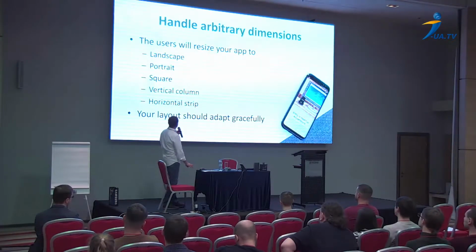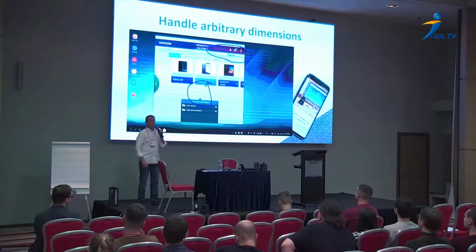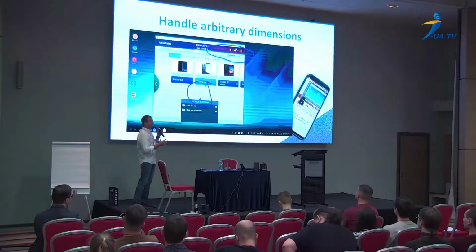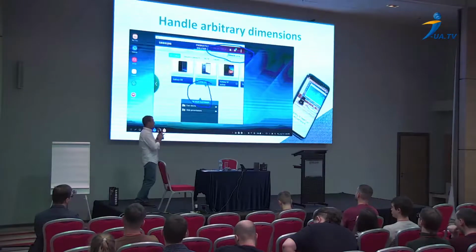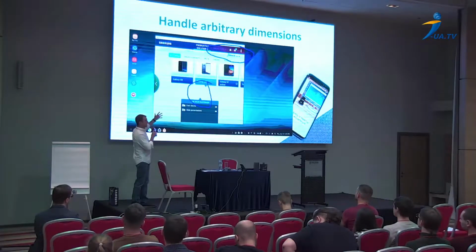Here's an example of an internal Samsung app. It's one of our teams. They were building an application to support our sales team. And when they deployed their application to a desktop environment, this is how it looked.